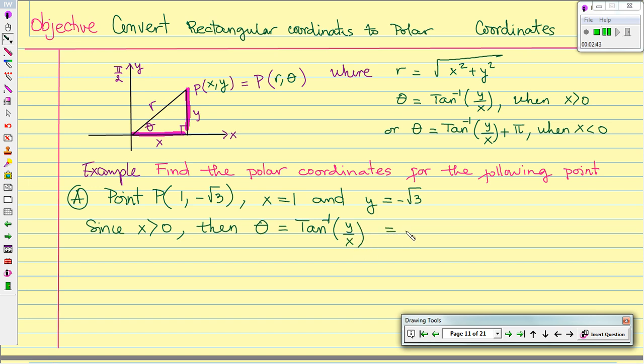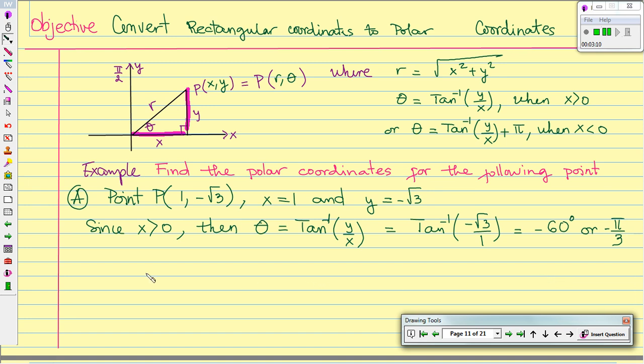So this can be the inverse tangent of negative square root of 3 over 1. So that will give us negative 60 degrees, or negative pi over 3 radians.